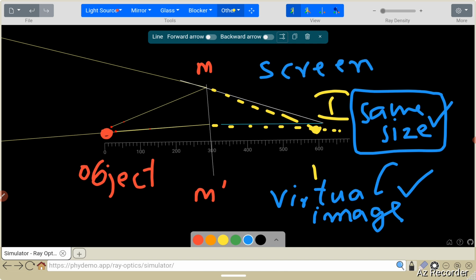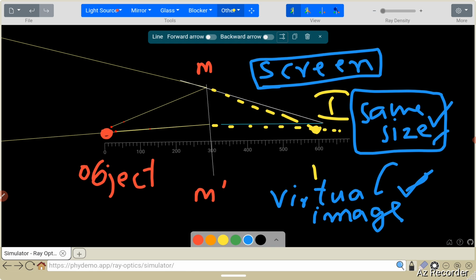No. Okay, so virtual images cannot be taken on a screen. That means like on any paper, or if you have any wooden screen, on that also we cannot take.